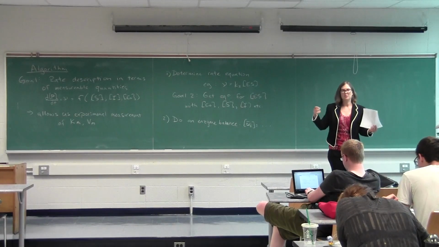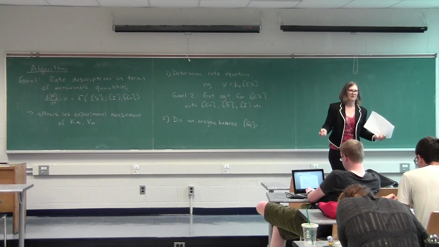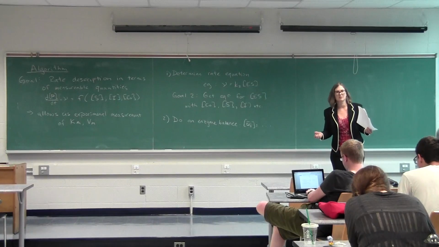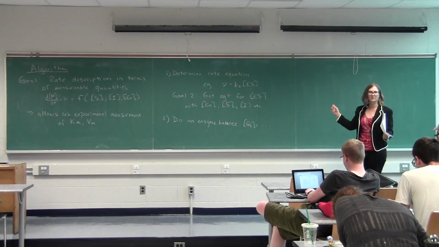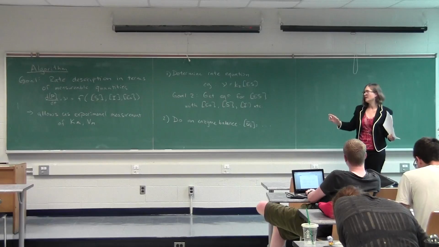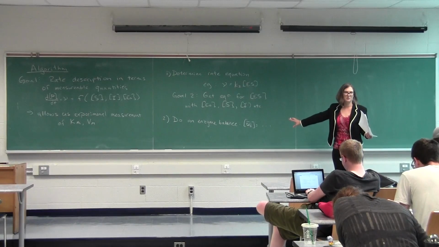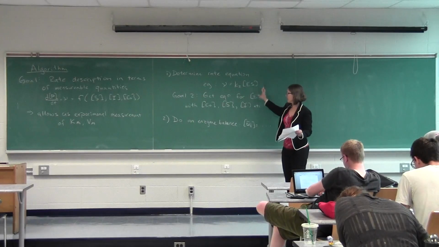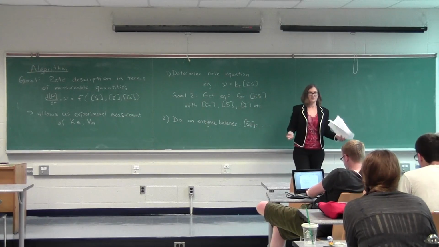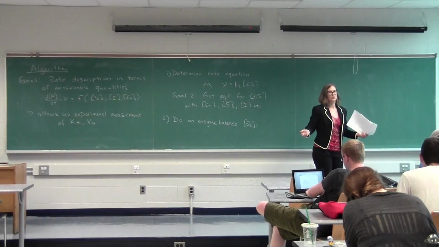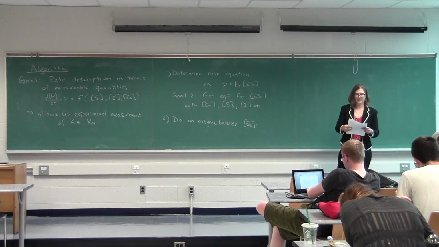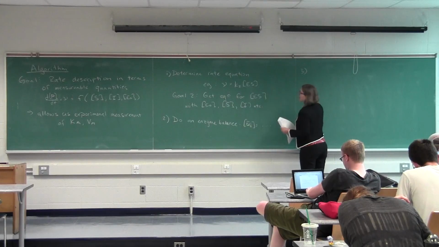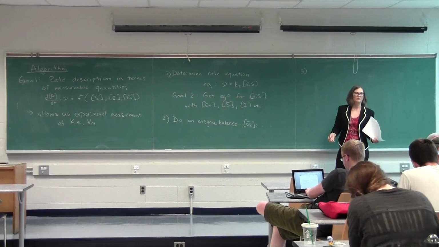So it could be pure enzyme plus ES complex plus ESI, depending on what your mechanism is. The enzyme can be in a bunch of different forms. So that's a basic mass balance equation. That one you can do no matter what the assumption is. Okay, so that equation and that equation are equations you do that are just true, based on a mechanism. But they're not enough to solve your problem for you.